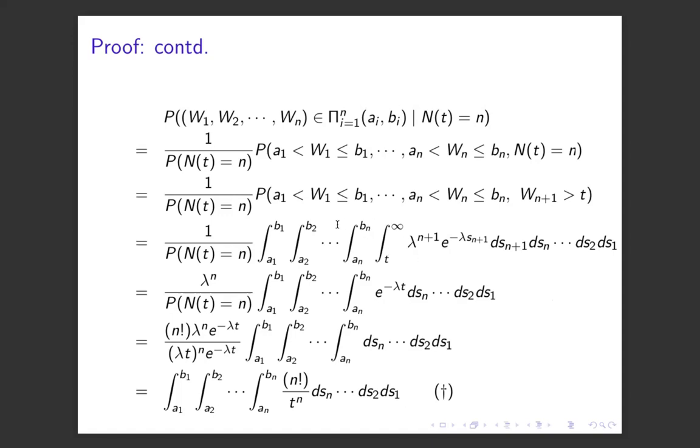And in that case, we know the PDF, not conditional, it is the PDF of (W1, W2, ..., Wn, W(n+1)), and that is given by this, for any (s1, s2, ..., sn) taking value in the n-dimensional rectangle times (t, infinity).